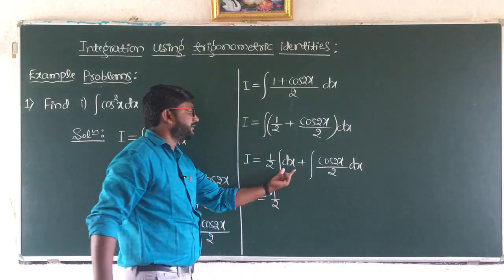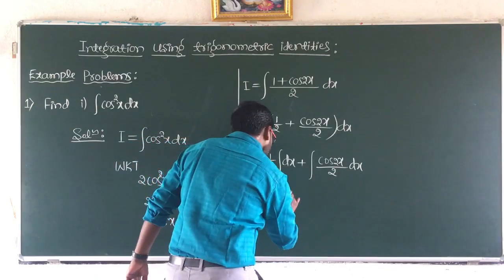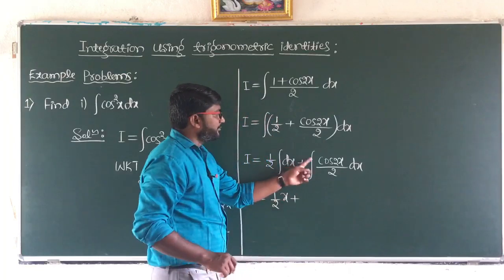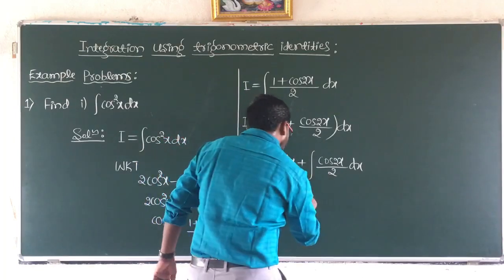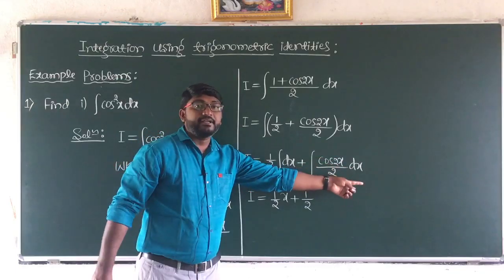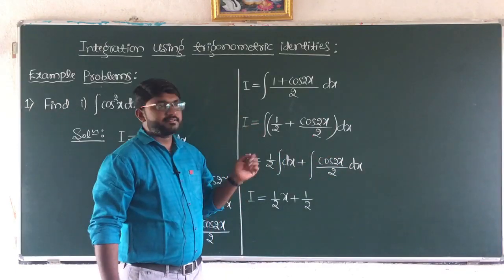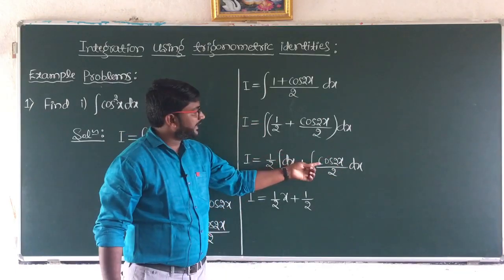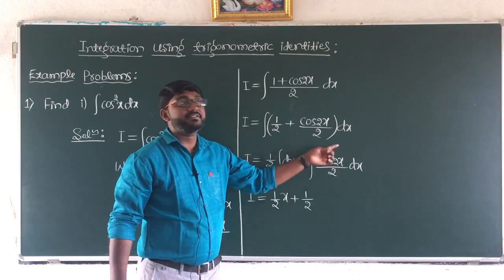What is the integration of dx? It is x. Here 1 by 2 is a constant, write it outside. Then what is the integration of cos 2x dx? In the introduction class, that is in the beginning class, I had given the formula for cos ax.